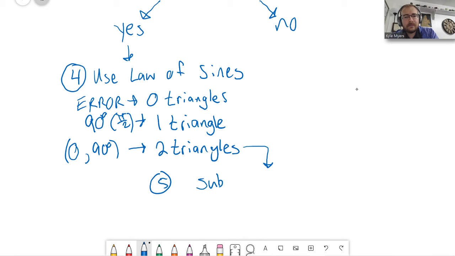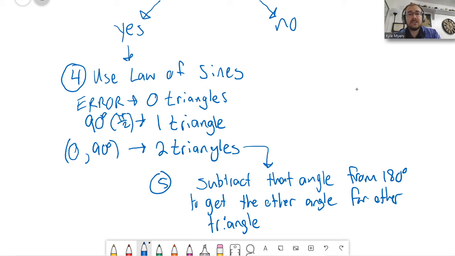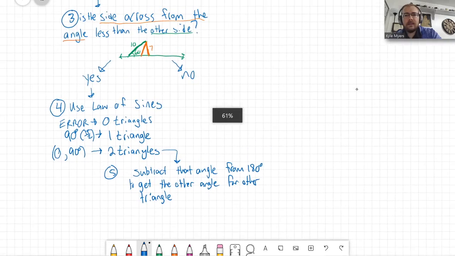You subtract that angle from the law of sines, that is, subtract that angle from 180 to get the other angle for the other triangle. And then you use that information to solve for everything else. All right, and that is how you do that.